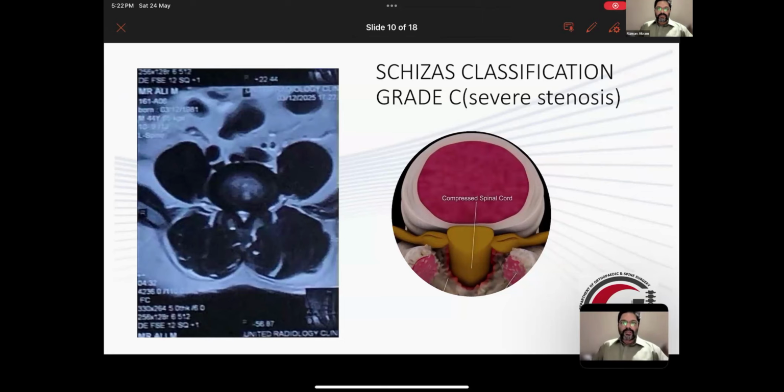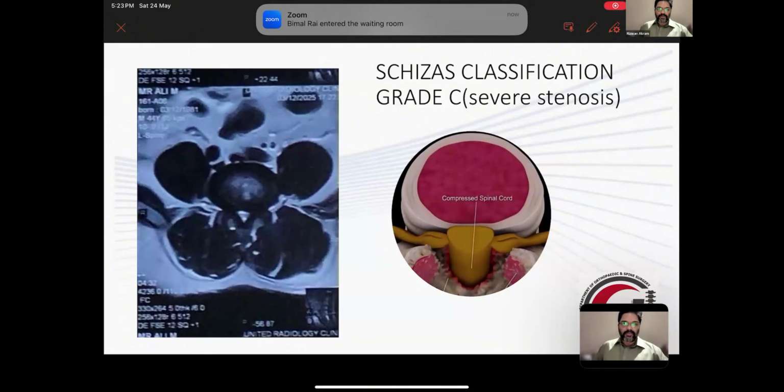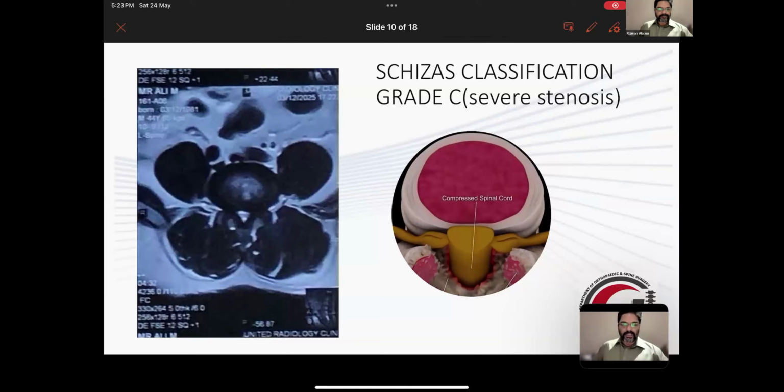So we use the same 2 portals for 2 levels, even by jumping technique, and that was also fine. And in that technique, at some point we need to use a 30-degree scope. We just change from 0 degree to a 30 degree. So yes, we can do it with the UBE for 2 levels, for 3 levels, and it's a safe technique.